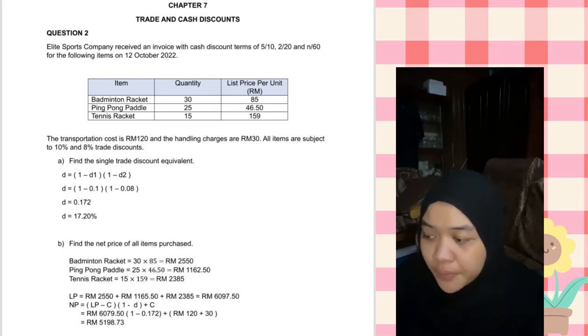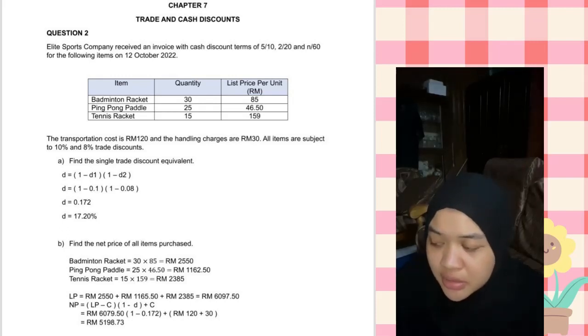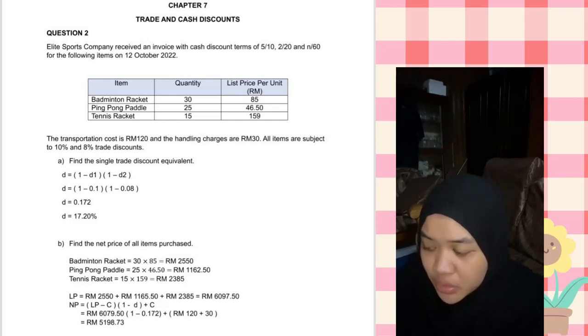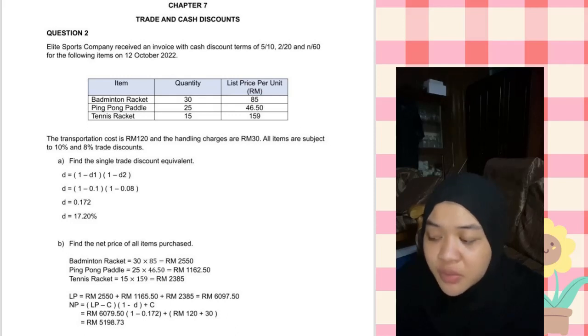For the question B, find the net price of all the items purchased. So the quantity we multiply by the list price, so the total is 6,097 ringgit 50 cent. Then we provide the formula, which is net price equal list price times (1 minus D) plus C. So we put all the information into that.